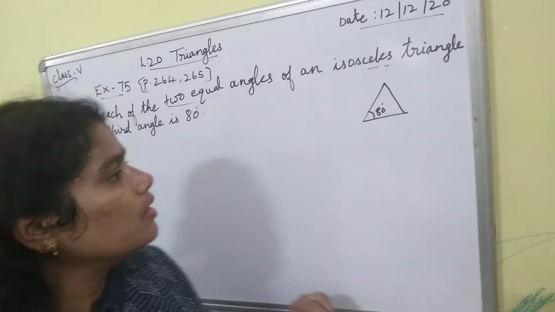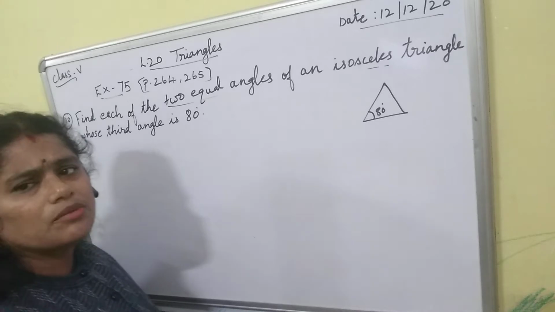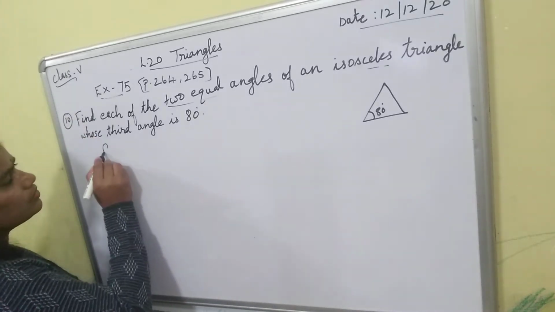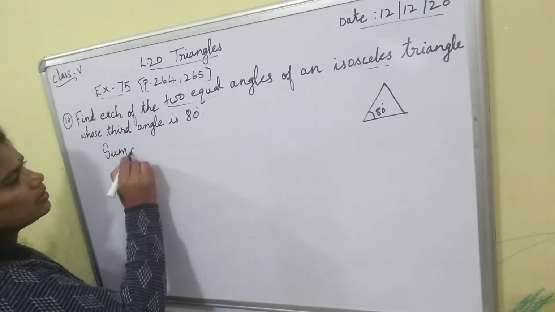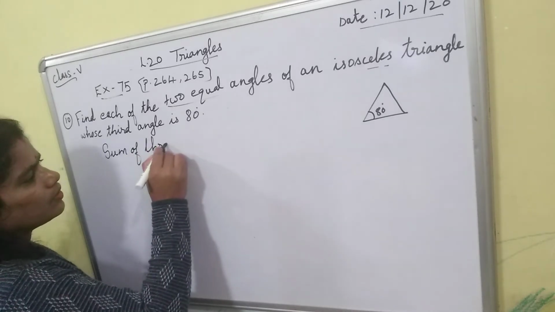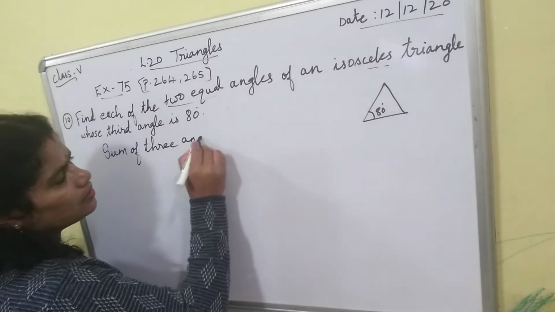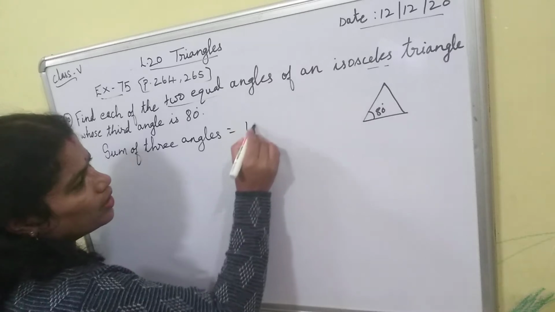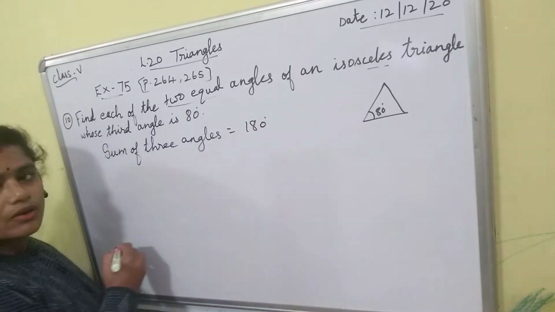Is it clear? Then the same statement you have to write: sum of the three angles equal to 180 degrees.